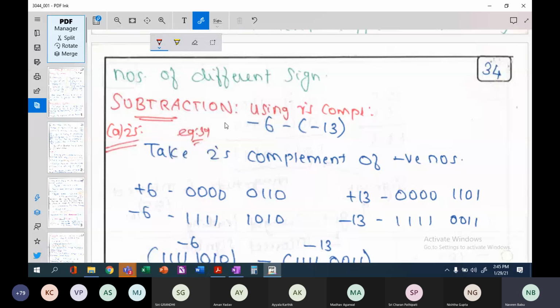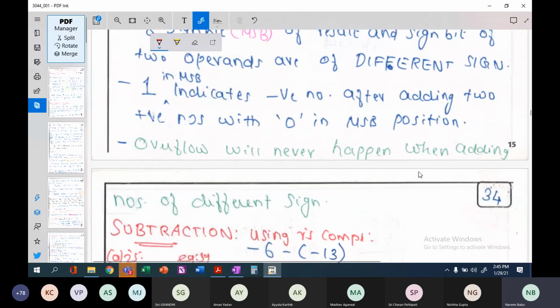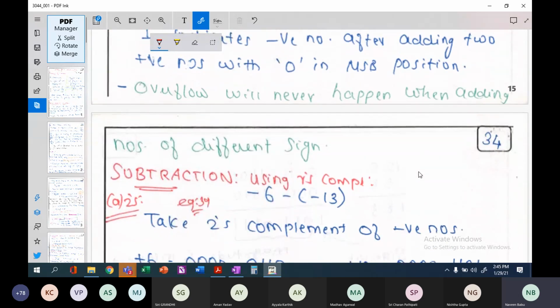Though we have extensively covered the subtraction part using complements, here also we will touch upon the complement representation, because we started off with arithmetic operations, we did the additions, and now we are doing subtractions.